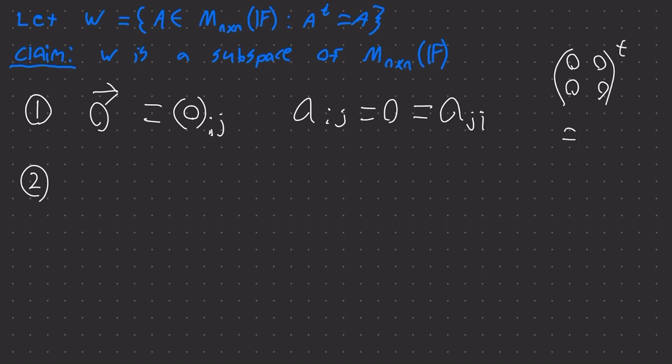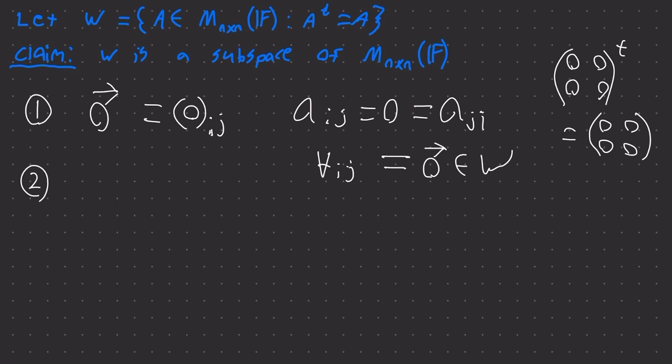Obviously that's just going to be 0, 0, 0, 0. So in fact, the zero vector exists. For all i, j, we have that the zero vector is an element of W. So far, everything's working out. Now let's go to the next step.